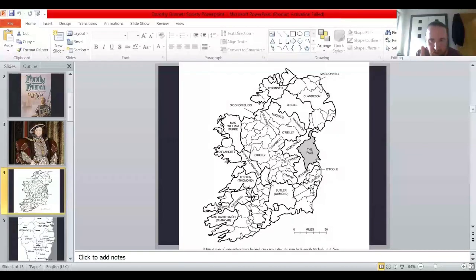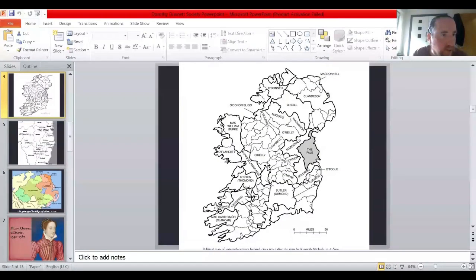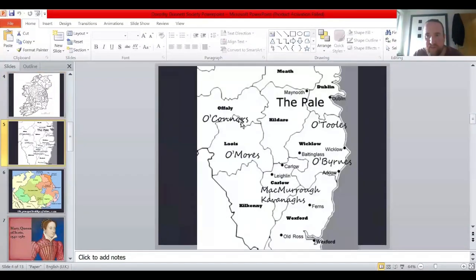Now, this will soon relate to the O'Connors because as you can see, the O'Connors are here in the Irish Midlands. Now, their initial concern, this is just to zoom in on it, this is a much less polished map, but I produced this one myself, so that's why it looks less polished.